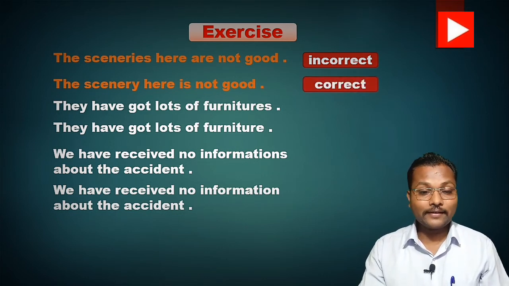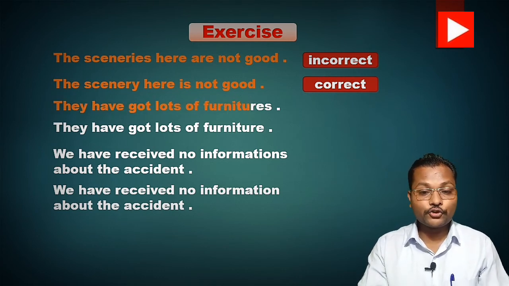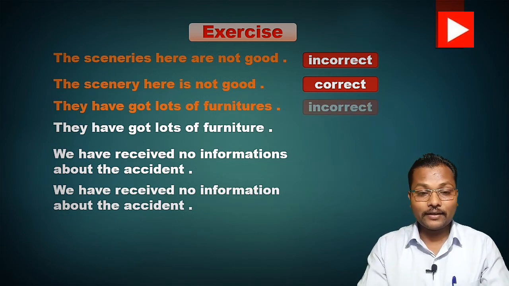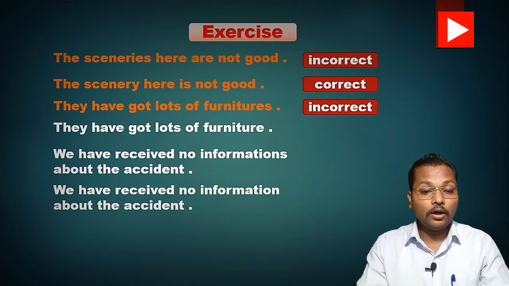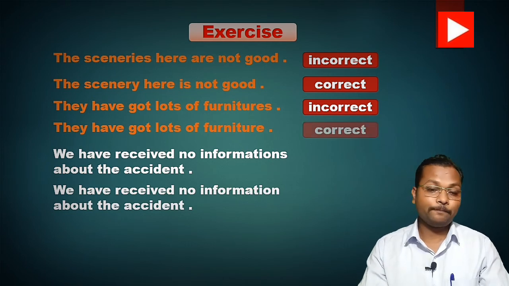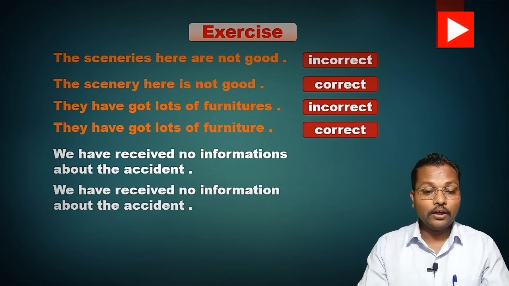The next sentence is: they have got lots of furnitures. Now again the same mistake, furniture is an uncountable noun, so this sentence is incorrect. But the sentence they have got lots of furniture is correct, because furniture is considered singular here. Next: we have received no informations about the accident.